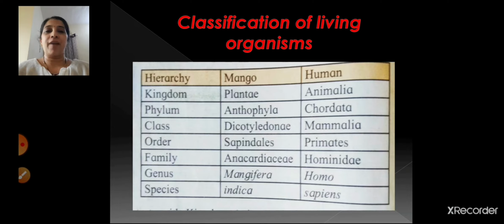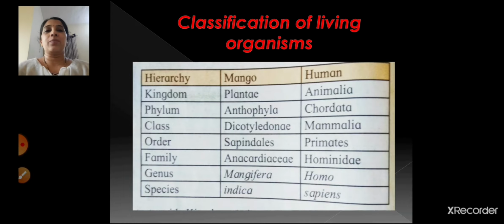Then comes the family. Mango belongs to the family Anacardiaceae, and humans belong to the family Hominidae. Then the genus: the genus is Mangifera for mango, and for humans it is Homo. Last comes the species, that is indica for mango and sapiens for human.